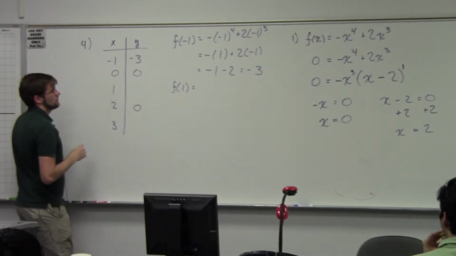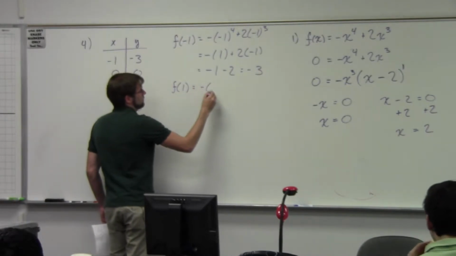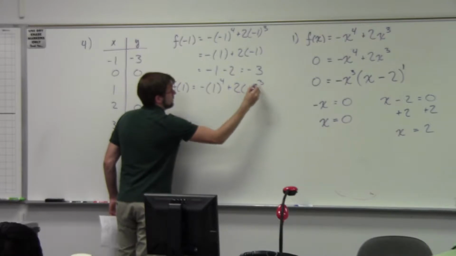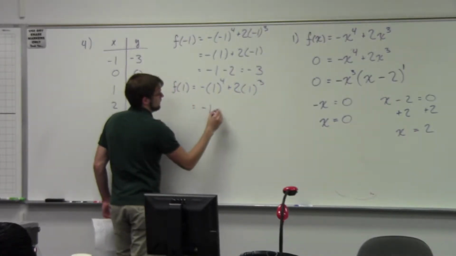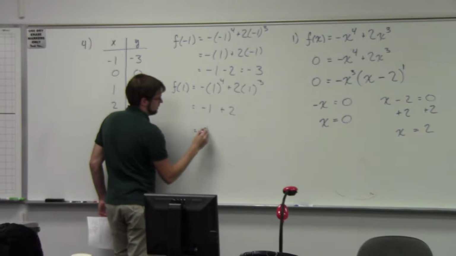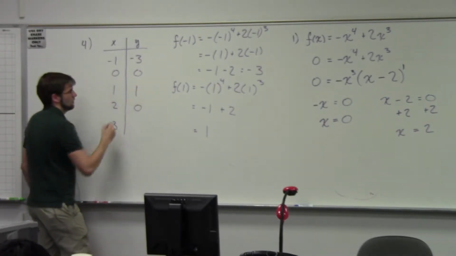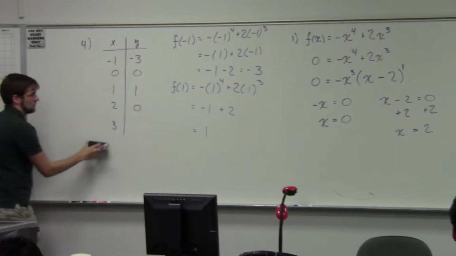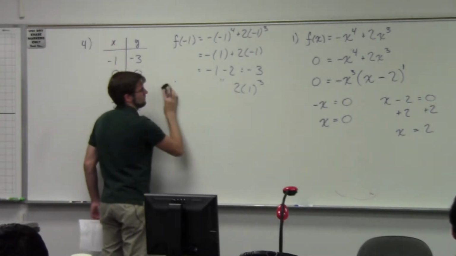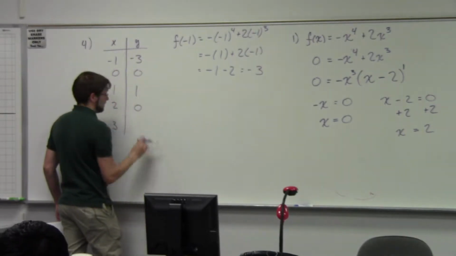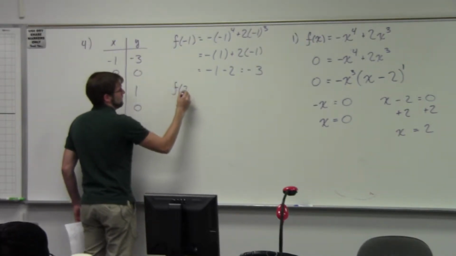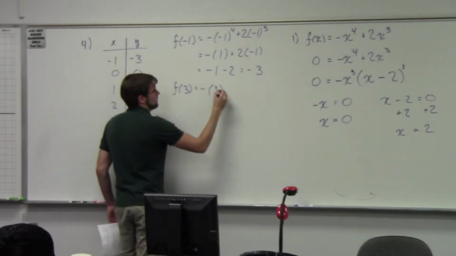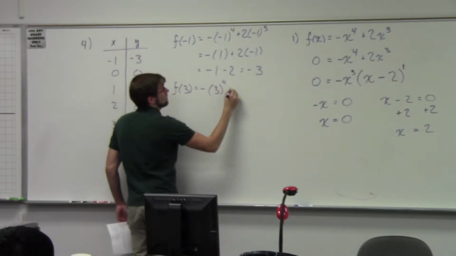All right, so f of 1 is going to be -1 to the 4th power plus 2 times 1 to the 3rd power. -1 plus 2, 1. All right, and next we're going to do the same thing for 3. So let me make some space. All right, next we're going to find f of 3. It's going to be negative, and this is going to be a very big number.